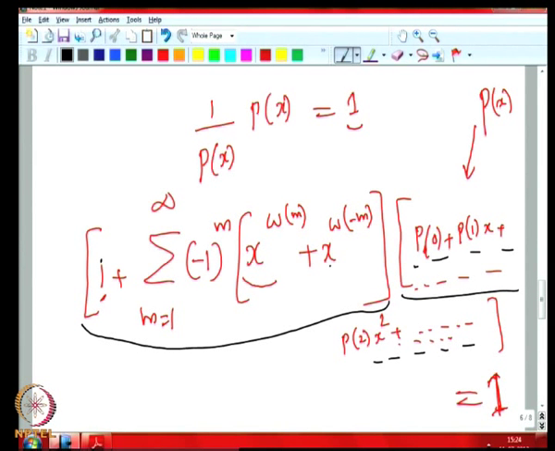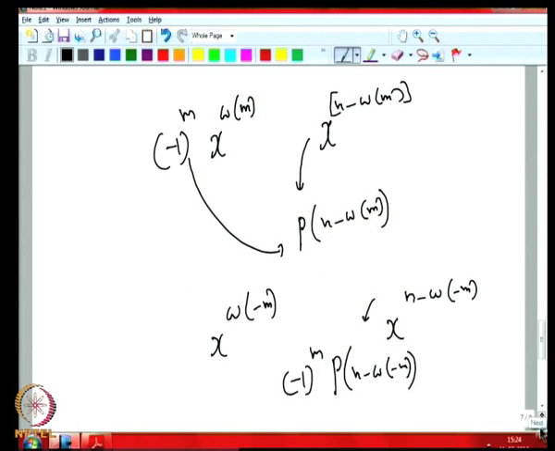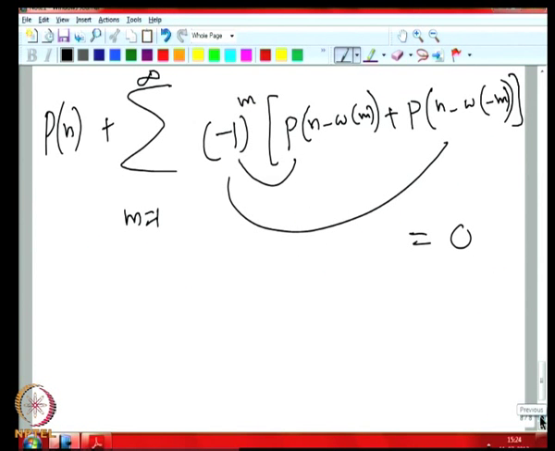So, that together when you multiply we will get x raised to n this way. All these contributions are added, so the final contribution is this p of n plus the sum from m equal to 1 to infinity of this thing, and this has to be 0.